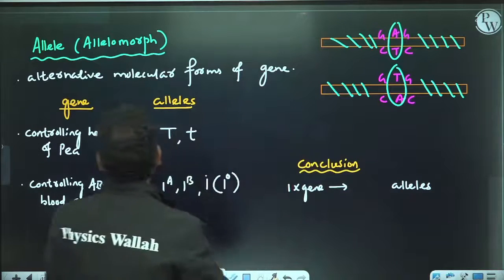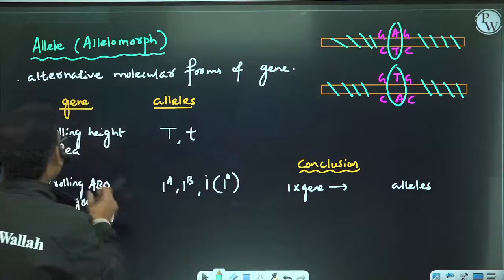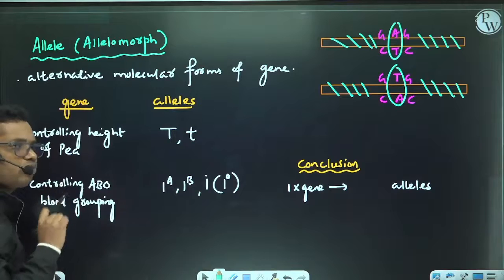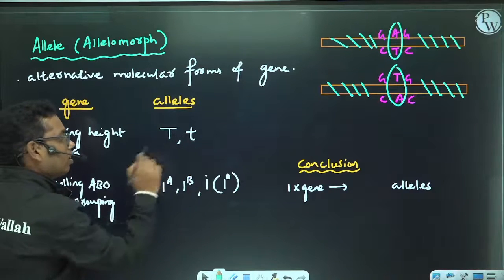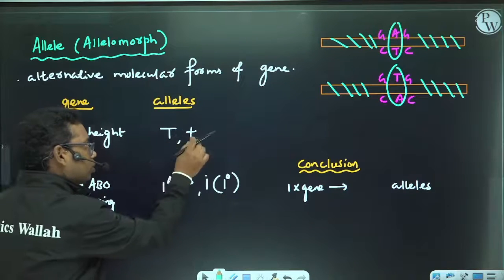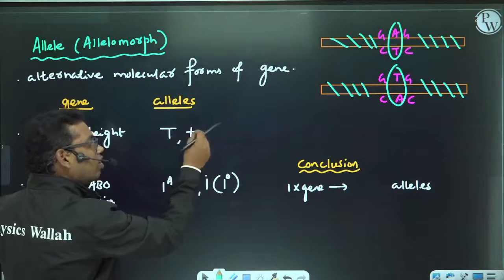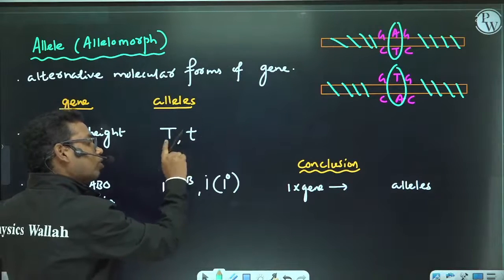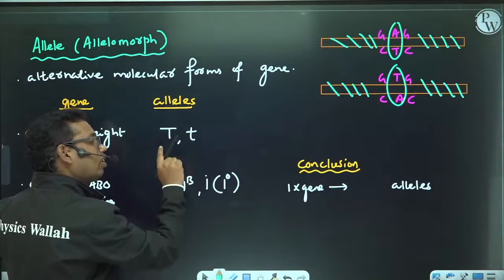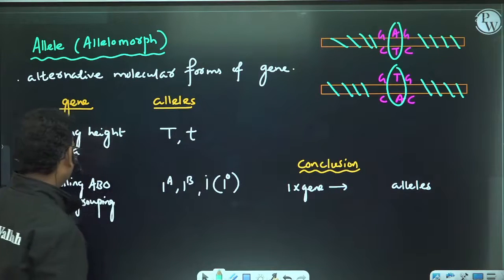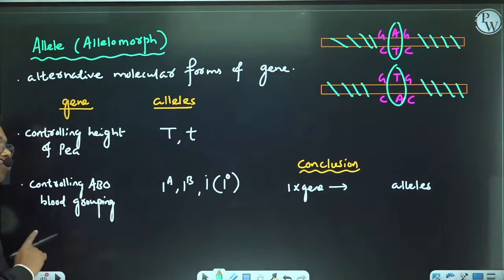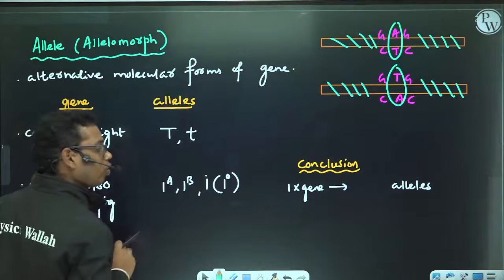The gene controlling the height of the pea plant has two different forms. One is capital T, another is small t. Capital T, small t, they are the same gene, but they are different forms of the same gene. And in the case of human beings, the ABO blood grouping is controlled by one gene, but this one gene has three different alleles or three different forms.